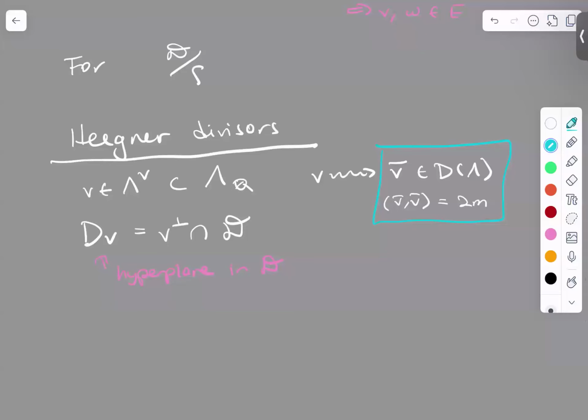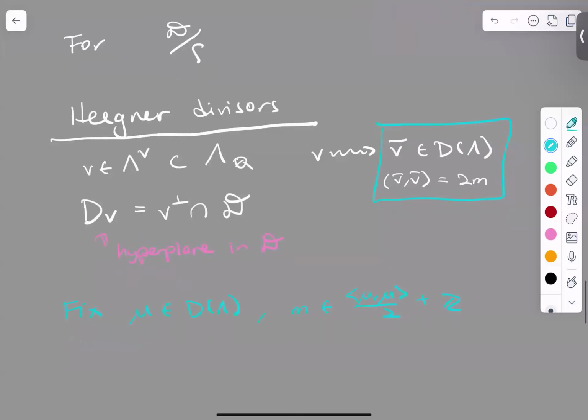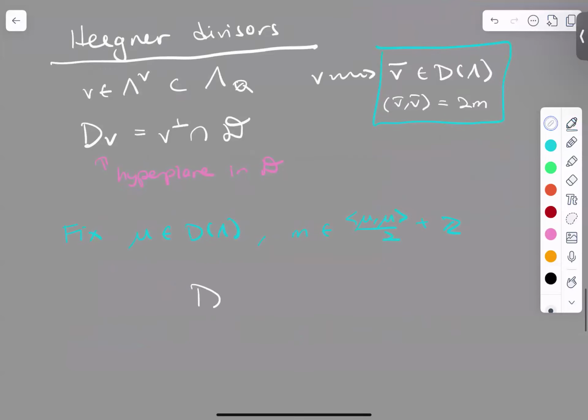And so how do I define a Heegner divisor? Well, if I fix some mu in the discriminant group and m of the form mu over 2 plus some integer shift, I can consider all of the hyperplanes D_v of this form, given by v having this fixed class in the discriminant group and this fixed number m associated to it.